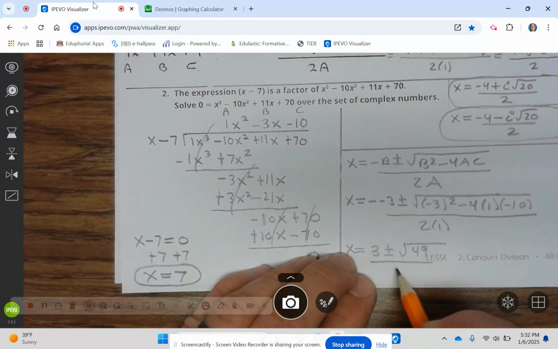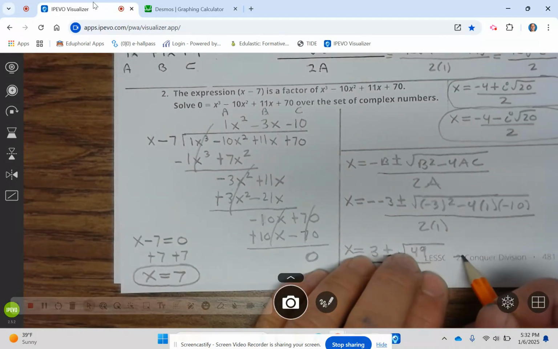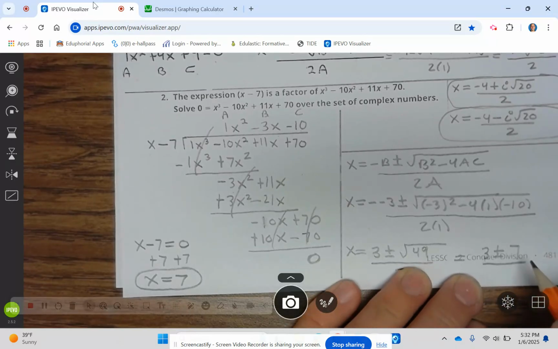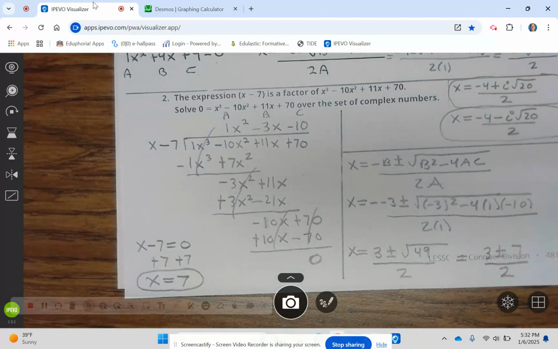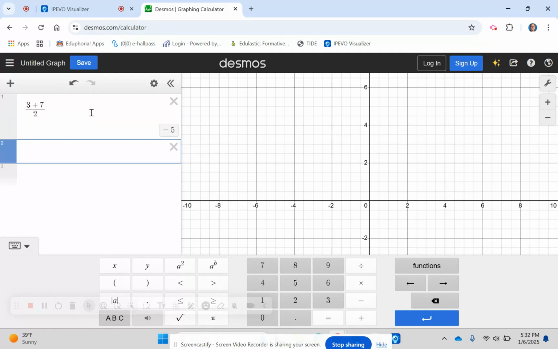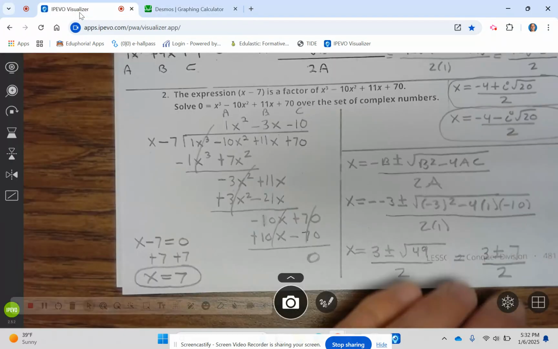Divided by 2, which equals 3 plus or minus 7 divided by 2, which we can put in Desmos. So let's do 3 plus 7 divided by 2, and let's do 3 minus 7 divided by 2. So x equals 5 and x equals negative 2.